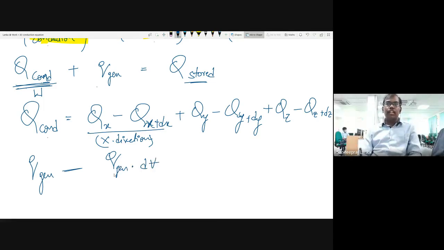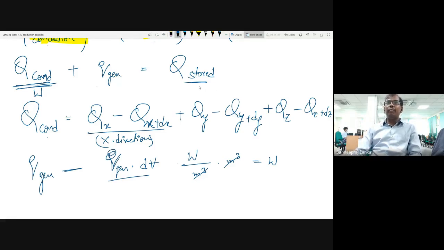It is not Q gen by dV, it is Q gen into dV. So that the unit will become watt per meter cube into meter cube. So this meter cube will get cancelled, and what you get is watts. So this small q gen into dV is how you will take it.